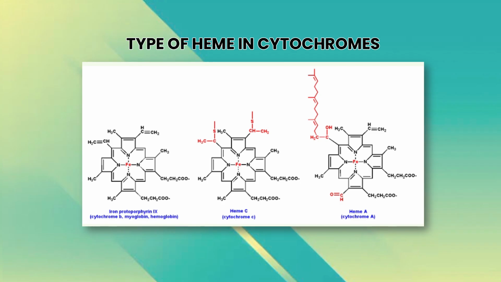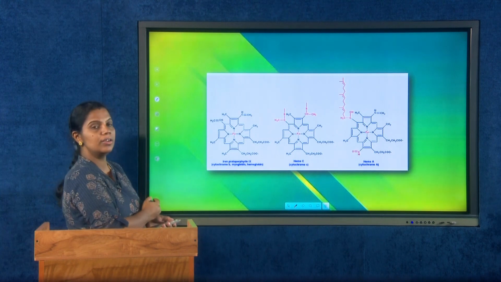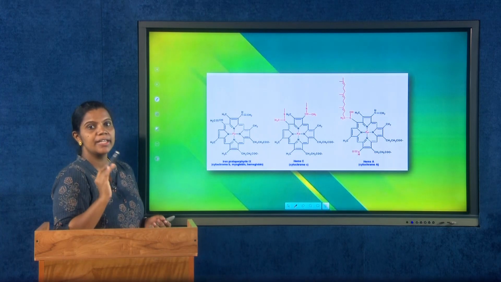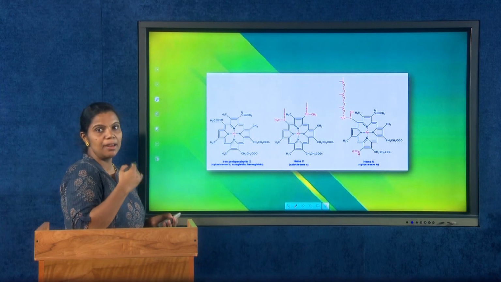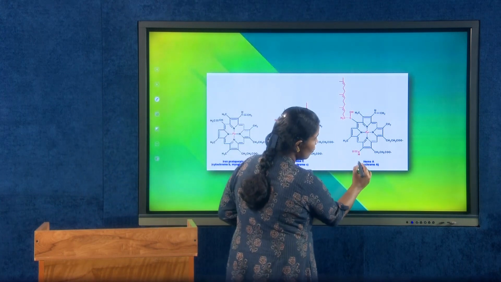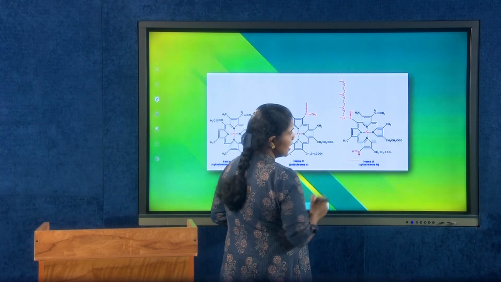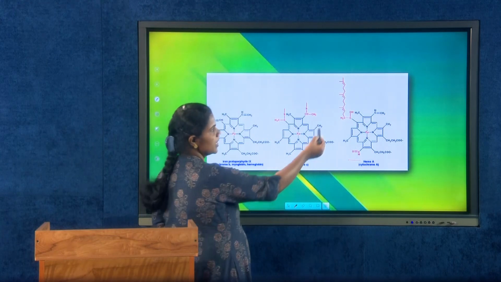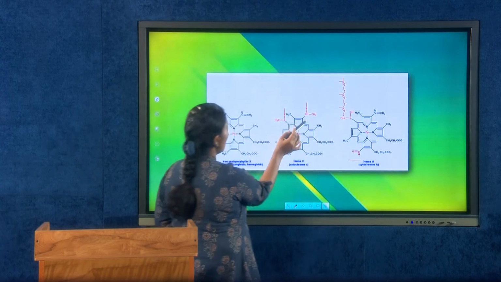Now, this figure depicts the bonding and the type of different hemes present in the cytochromes. Depending upon which type of heme is present in the cytochrome, they are classified as cytochrome A, B and C. In cytochrome A, we have heme A. Here you can see heme A has a substituent different from the other two.